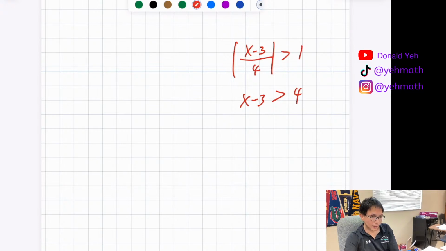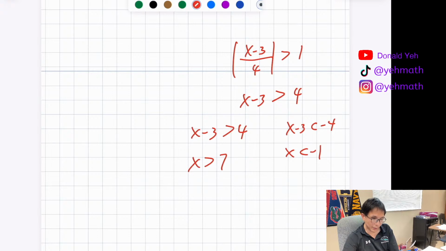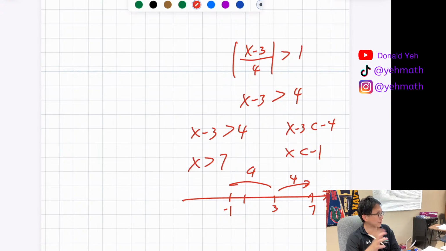But you got x minus 3 greater than 4, so x is greater than 7, or you got x minus 3 less than negative 4, so x is less than negative 1. So it's going to go from negative 1 to 7. So what is my center? My center is going to be 3, and the radius of convergence is 4, so there's a 4 on each side.